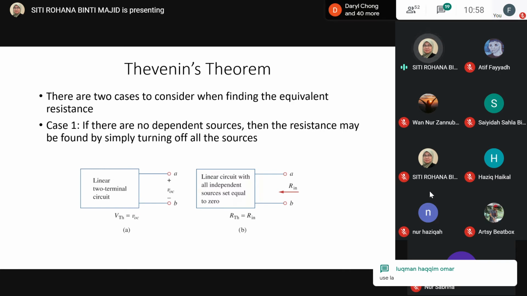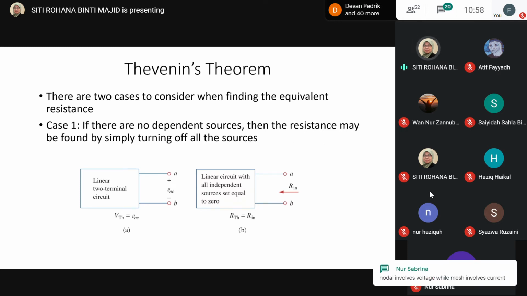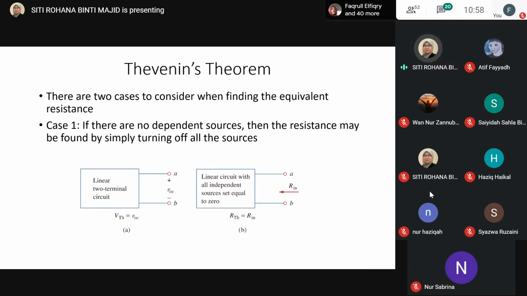Every method will use Ohm's law. You cannot skip that. Okay. Nodal involves voltage, correct? While mesh involves current. Yeah, correct.